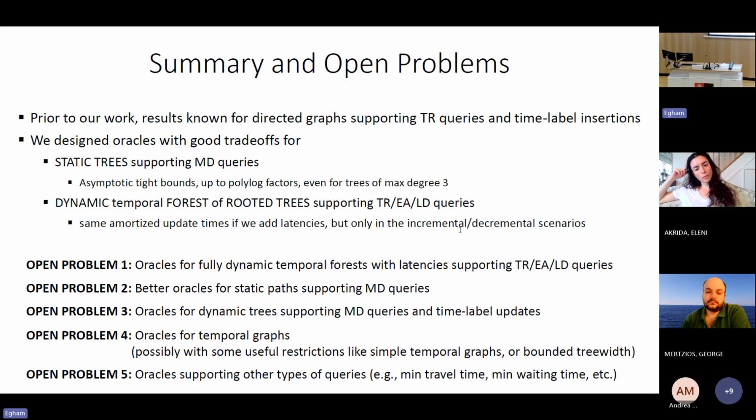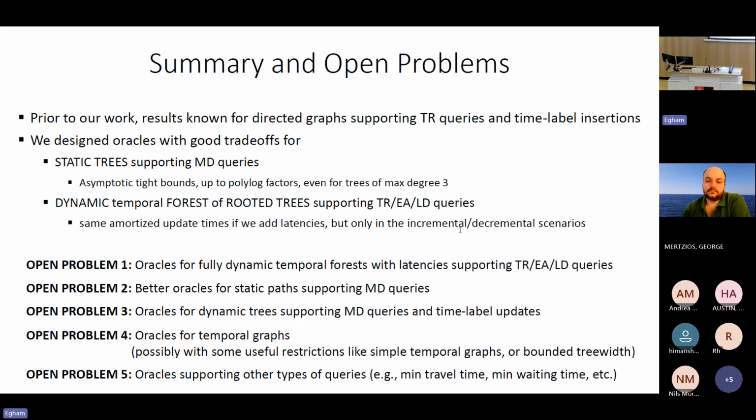And finally, you might want to support other types of queries. If we consider the model in which we add latencies, there are other queries that we can support, like, for example, the minimum travel time or the minimum waiting time. But be aware that these two queries are at least as difficult as the minimum duration queries. And we can prove similar conditional lower bounds that we showed for minimum duration queries, using again the strong set intersection conjecture.